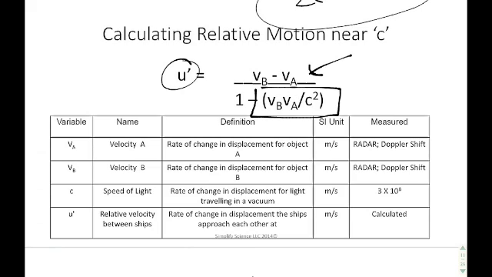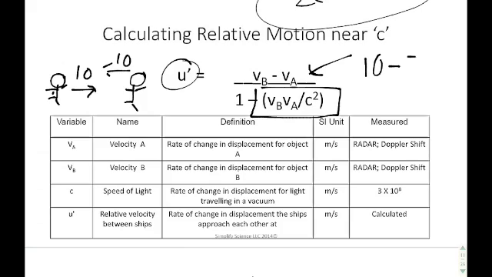So for example, in classical relativity, if I have this guy who's moving in this direction at 10 and a guy who's moving in this direction at 10, we would say that they approach each other with a combined velocity of 20. In other words, 10 minus negative 10, because remember you have direction here and that's important. That's what we would say classically.